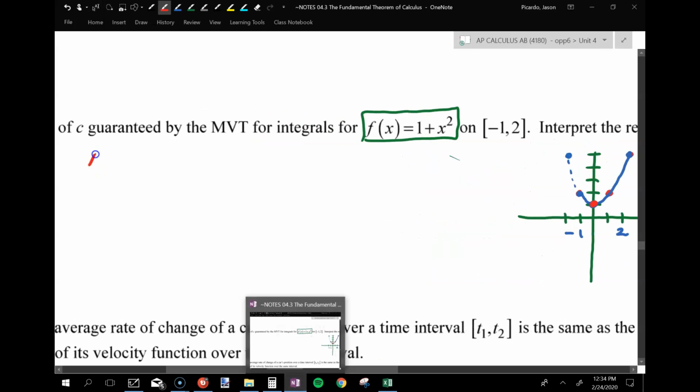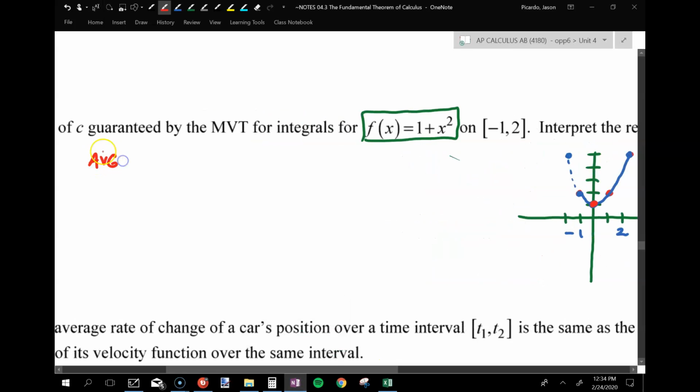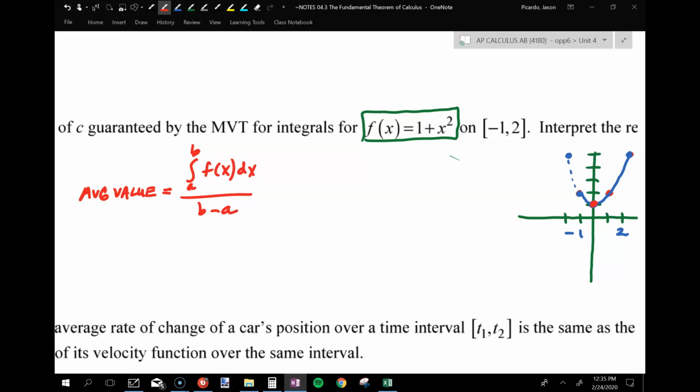And we said that the average value is equal to the integral from a to b of f of x dx over b minus a. Well, do we have everything here to accomplish that task?